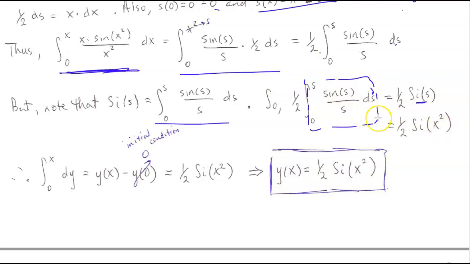So we can use those things interchangeably to make everything look nice. So in this particular situation here, we know that the integral from 0 to s of sine of s over s ds can just be written as 1/2 of sine integral of s. And of course, s is just x squared. And we know that that's a nice compact way of expressing our answer.